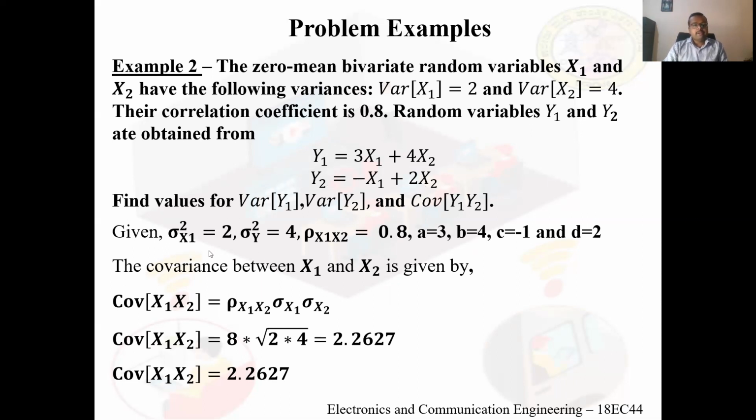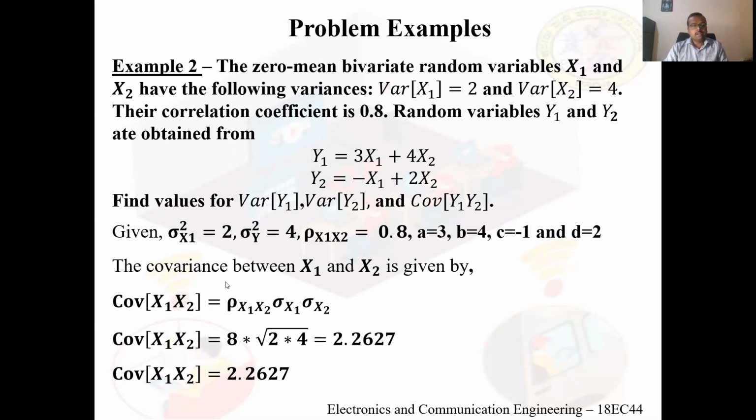Now, what are the given parameters we have? The variance of x1 is 2, the variance of x2 is 4, and the correlation coefficient of x1, x2 is 0.8. And what are the values of A, B, C, and D? A is 3, B is 4, C is minus 1, and D is 2. Now, how do you calculate the covariance of x1 and x2?